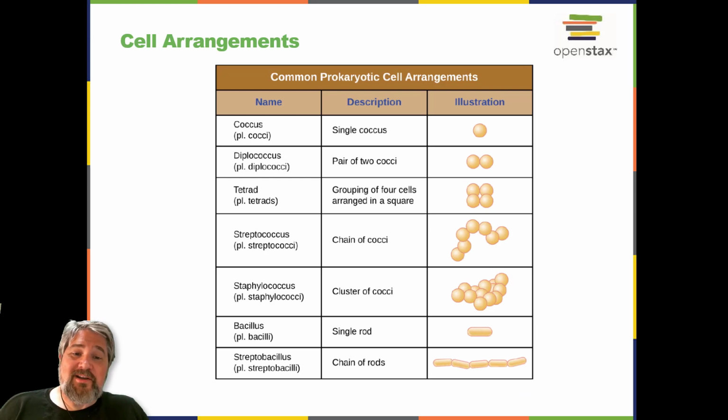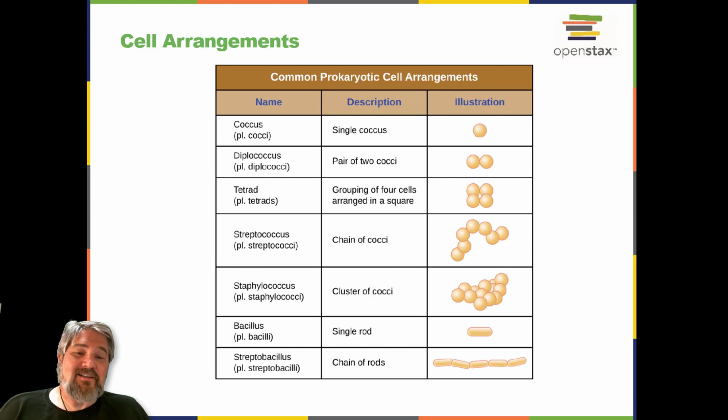Now, common prokaryotic cell arrangements. There is the single coccus or bacillus. Then there's the diplococcus, where cells, after they divided, don't tend to separate immediately. And then the tetrad, grouping of 4 cells arranged in a square. And the streptococcus, when there is a plane of division that is consistent from cell to cell, and they stay connected post-division, you wind up with a chain.